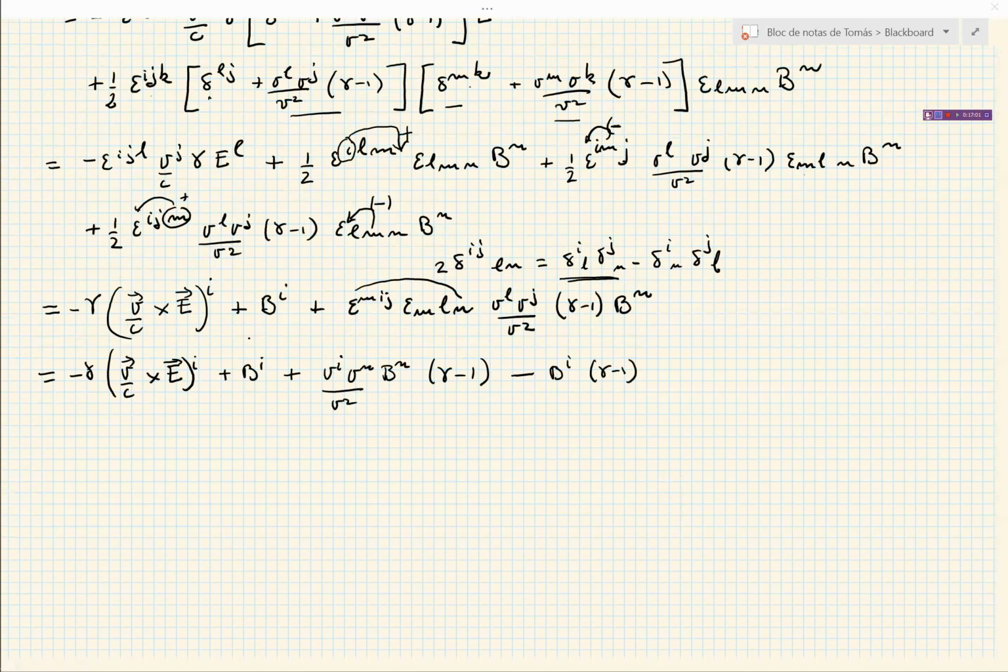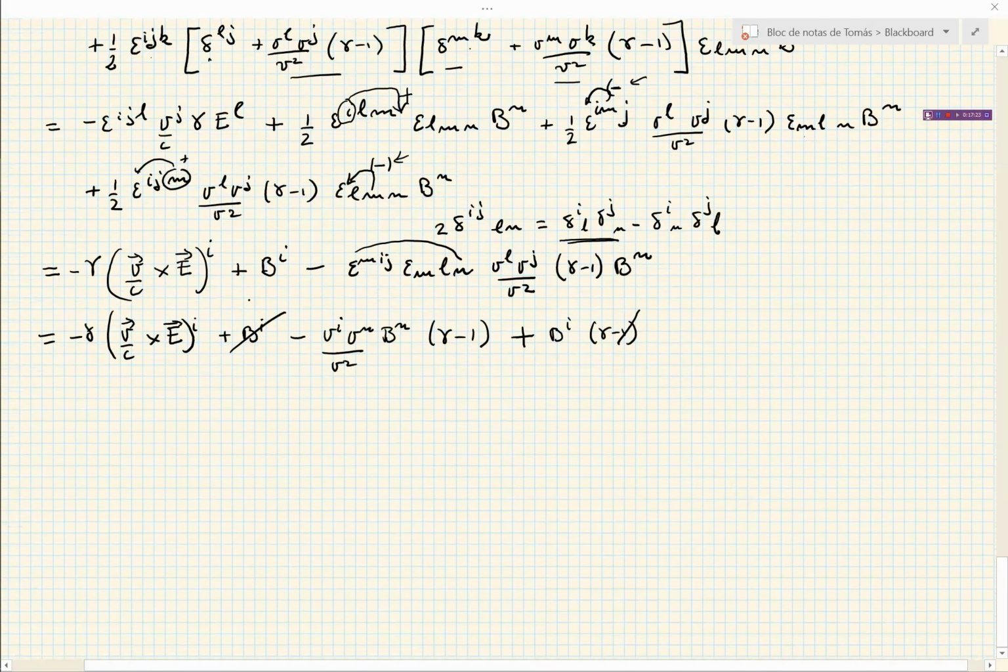Okay, I think I have forgotten these minus signs here, that I got this one and this one. This has a minus sign, so this has a minus, and this has a plus. Then this B_i cancels this factor of minus 1, and we have minus gamma V divided by c cross E_i.